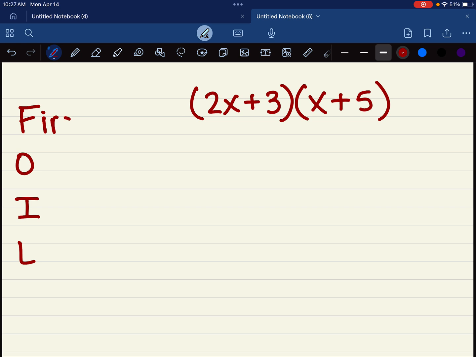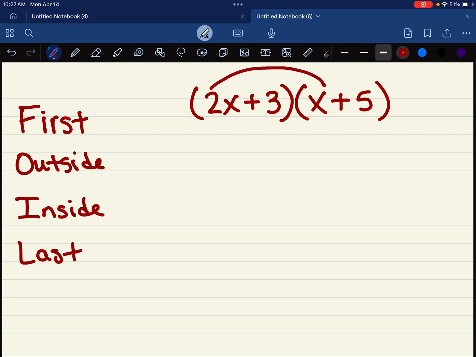so it stands for first, outside, inside and last. So essentially, we're going to multiply the first 2 terms, right? What would 2x times x give you? 3x?